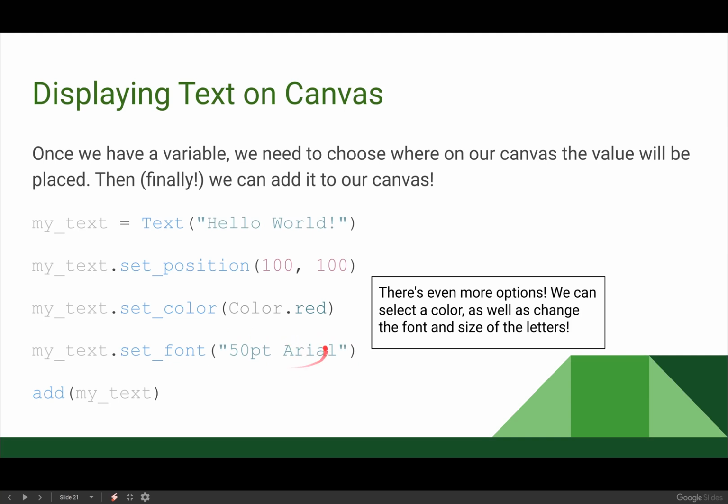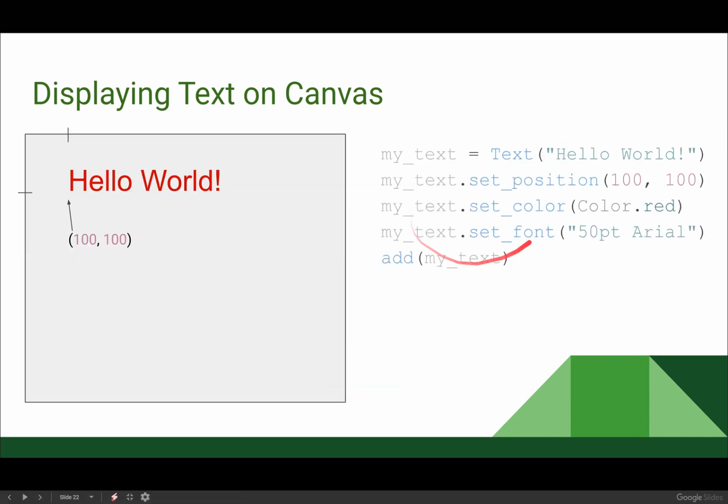So you can keep it as Arial, you can change it to a different font, and if you want to change the size of your text, you can change the number here. So an example of what this code looks like, I have Hello World, because that is what is in my text. My position is 100, 100, which is the bottom left corner of that H. I've set my color to red, and my text is in 50-point Arial font.